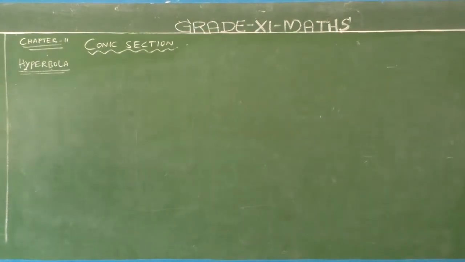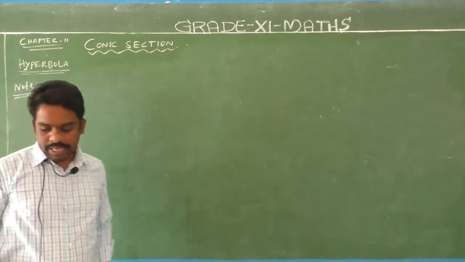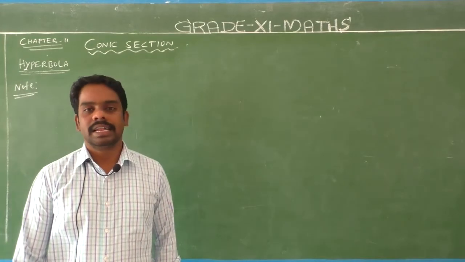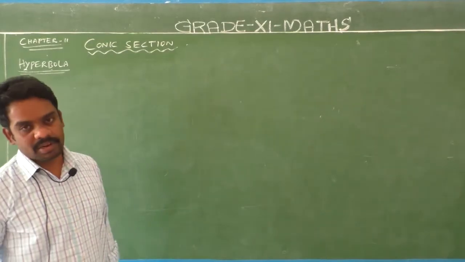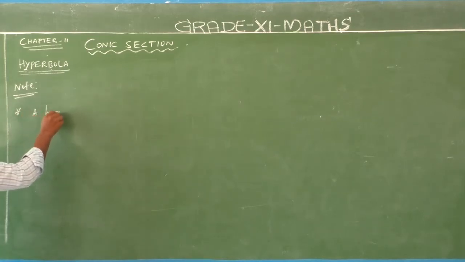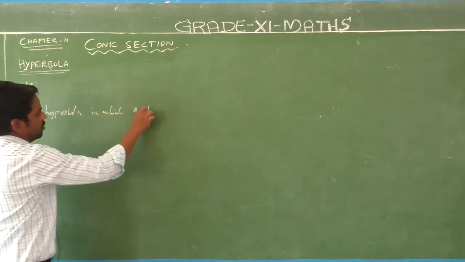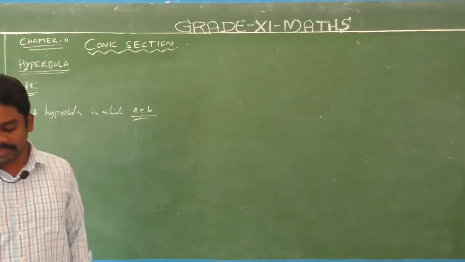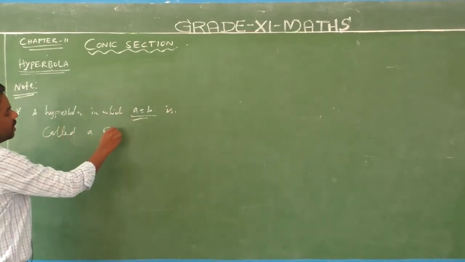Next, note: a hyperbola in which a is equal to b, that is, the length of the transverse axis and the length of the conjugate axis are the same, is called an equilateral hyperbola.